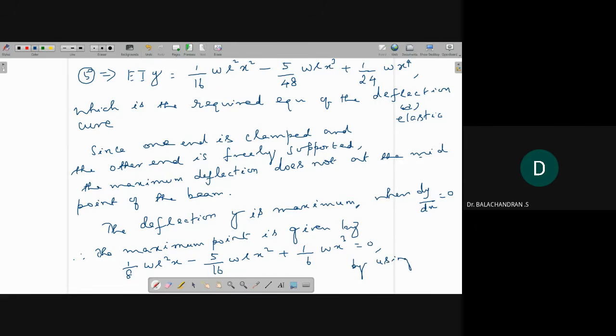Because when dy by dx is equal to 0, you can equate dy by dx is equal to 0. Now take 8, 16, 6. So take 48 as LCM.